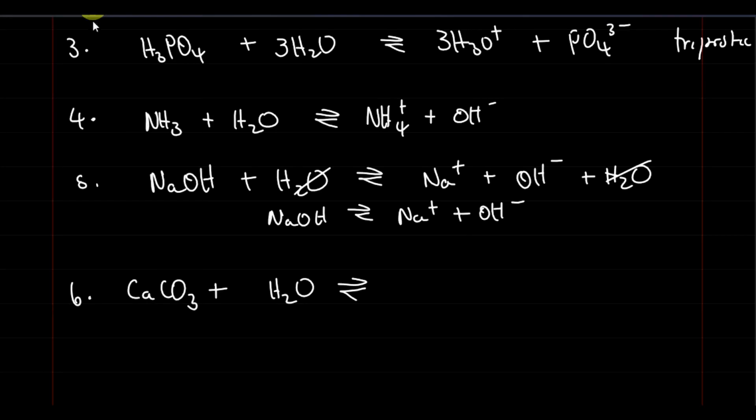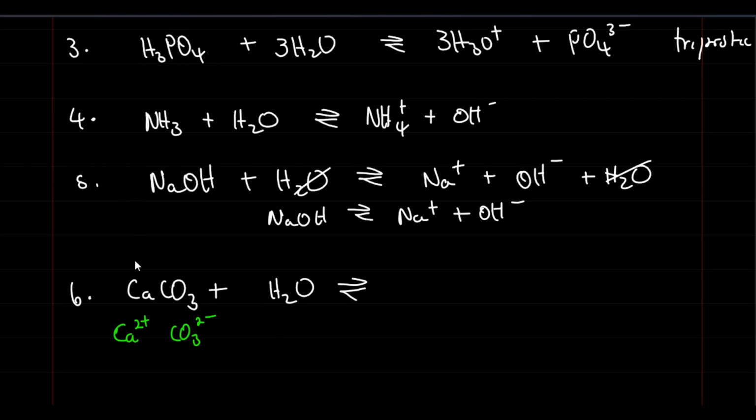Calcium has a charge of 2, and then carbonate has a charge of -2. Okay, so now it dissociates and then it will ionize. So let's see what is going to happen now.